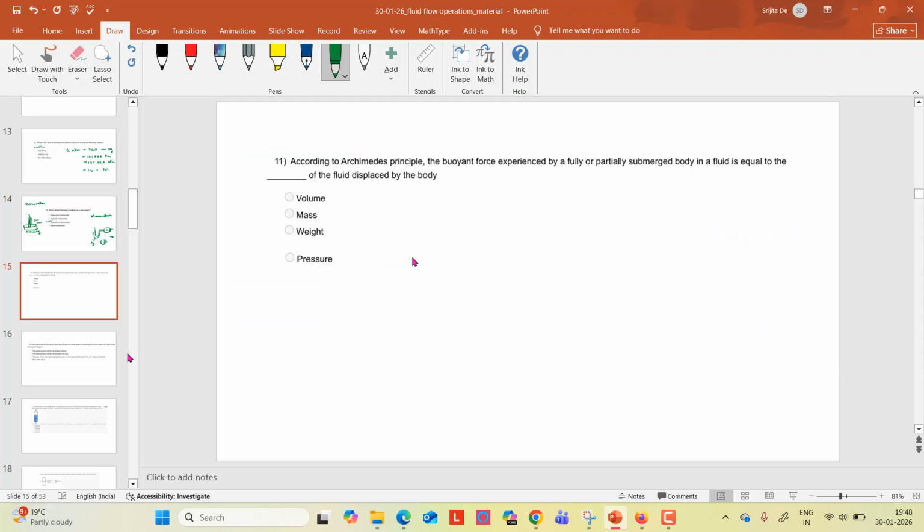Next. According to Archimedes' principle, the buoyant force experienced by a fully or partially submerged body in a fluid is equal to the weight of the fluid displaced by the body. What is the answer?